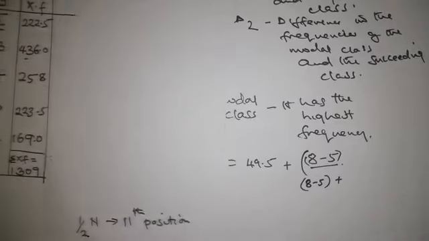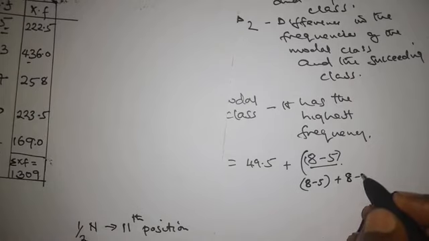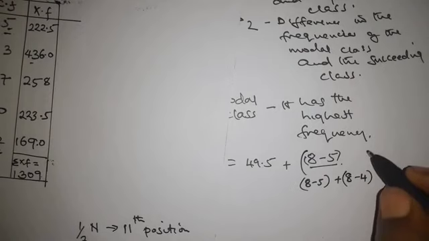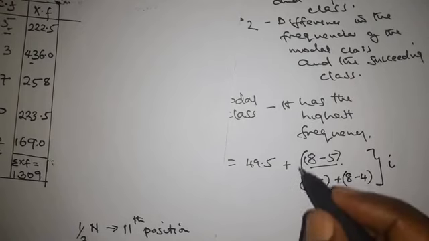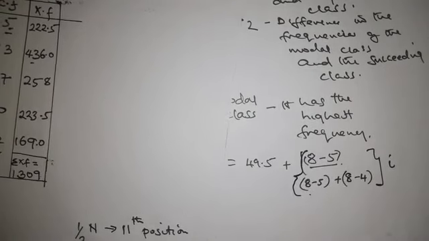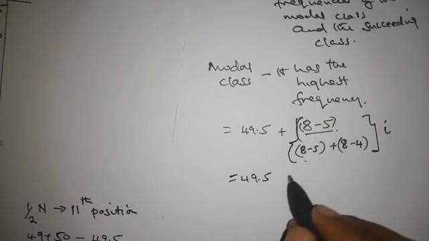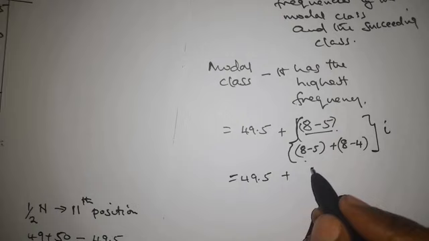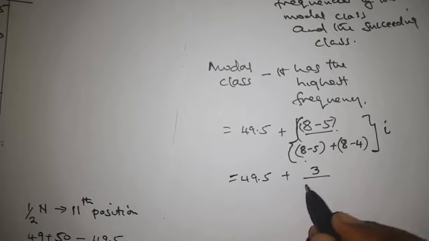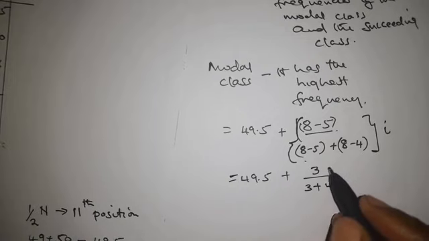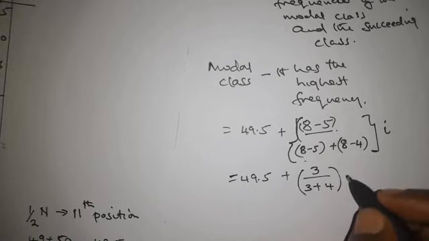The frequency is 8 minus 4. All is going to be multiplied by class size. We can open this one as a big bracket. Now this one is 49.5 plus 3 divided by 3 plus 4. Class size is 10.